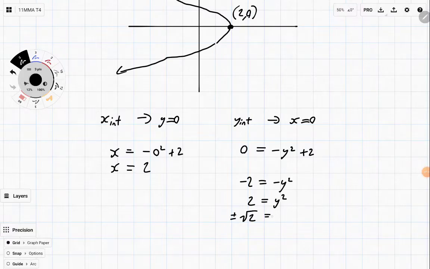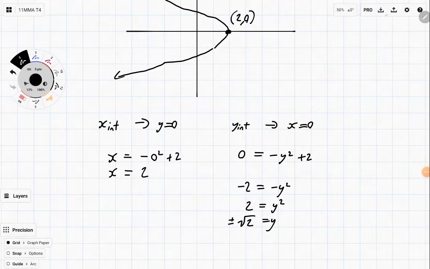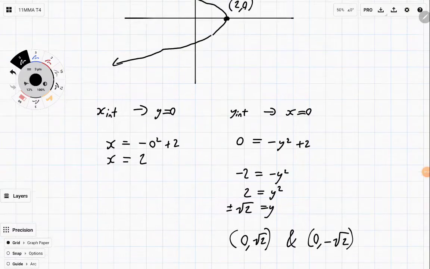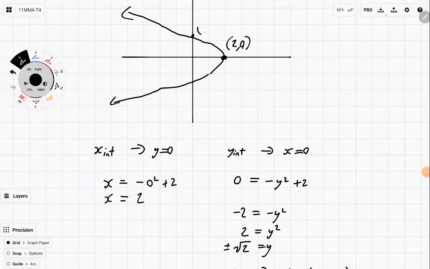And so that means this root up here is going to be at, well, it's 2 roots, right? There's going to be (0, root 2) and (0, negative root 2). Those are our two y-intercepts. So this is (0, root 2), which means this one down here must be (0, negative root 2). And there we go. That's our sketch.